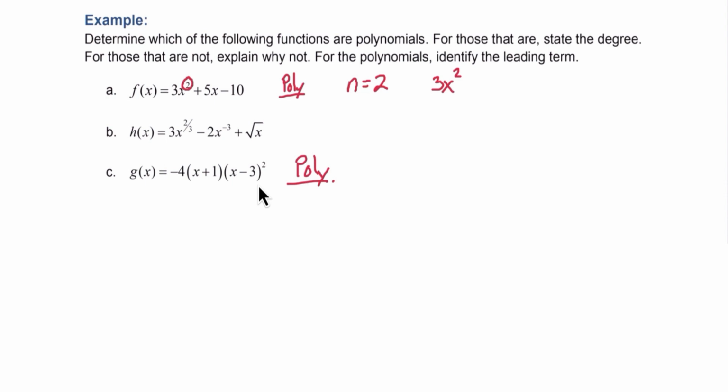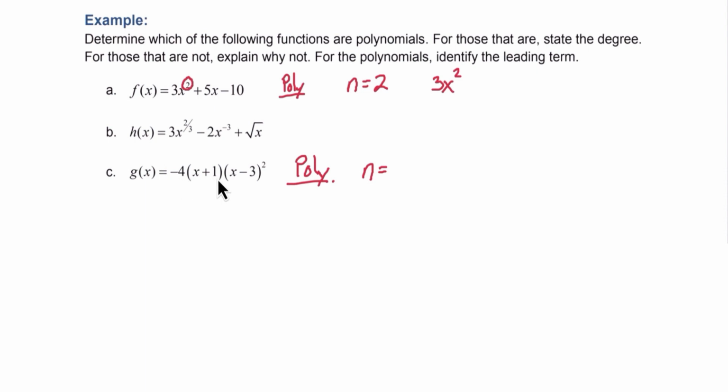And imagine if we distributed this all the way out and removed all the parentheses, combined like terms, and we wrote it in descending order according to the powers. What would the degree be? What would the highest power on x be? If you multiplied it all the way out, you would have x to the third. And you can think of that by counting the factors of x. This first number, -4, is just a coefficient.